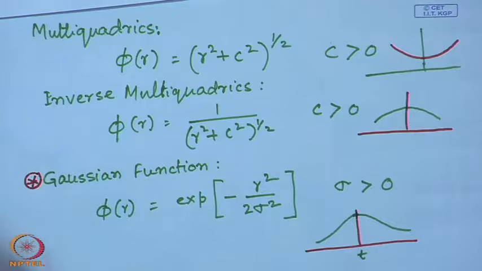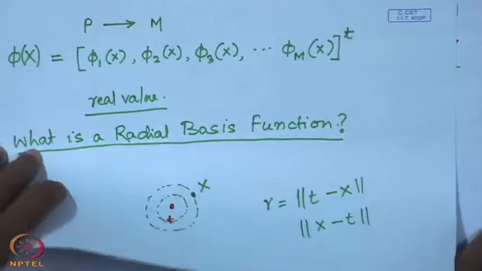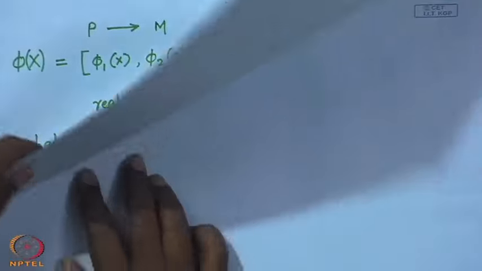Now, let us see how by using this radial basis function neural network, we can convert a linearly non-separable problem to a linearly separable problem, even keeping the dimensionality of the feature vector the same. So, for doing that, I will use the same XOR problem.